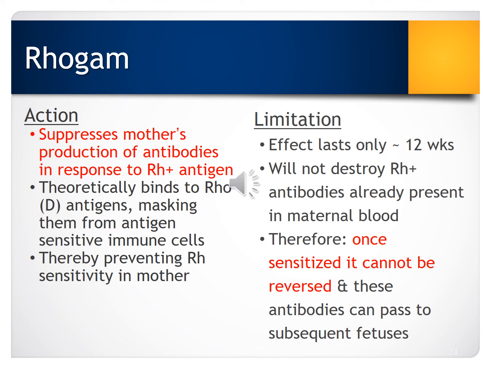So here I just reinforced what Rhogam is and the action of Rhogam. Again, if there are any questions or you need me to clarify anything regarding RH and ABO incompatibility, please do not hesitate to give me a call.